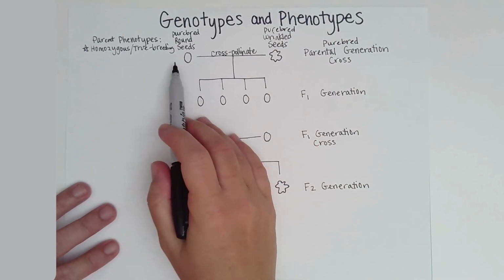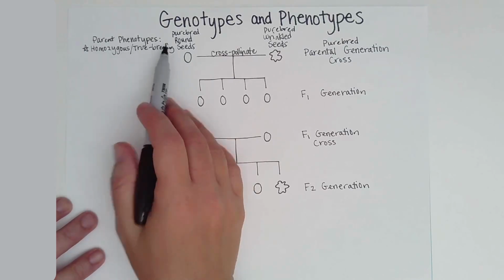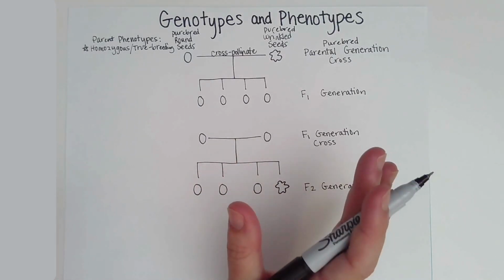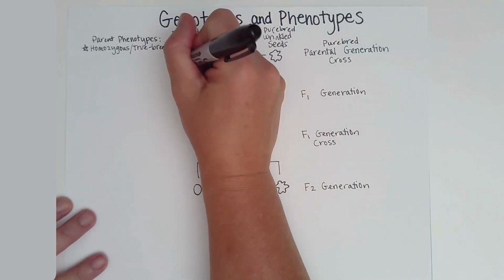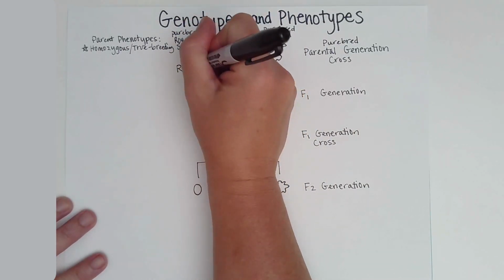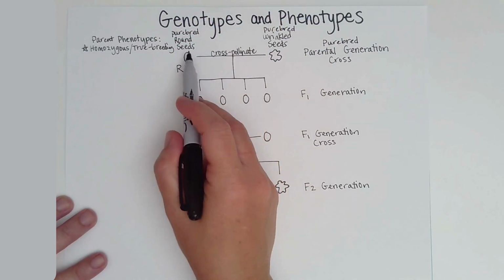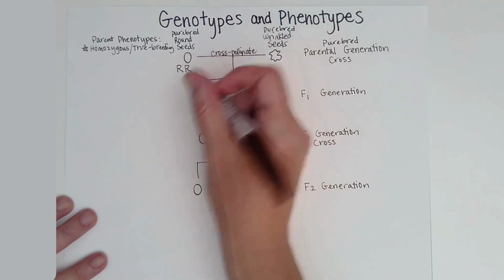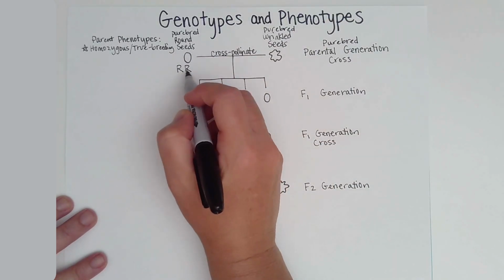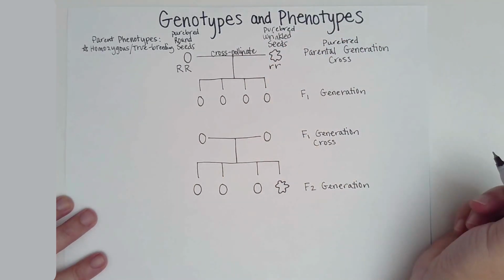Now, when something is a purebred like that, then it's going to have two copies of the gene, like you do for everything, but they're going to be the same forms of the genes. So we're going to use letters to represent those. In the case of the round seeds or wrinkled seeds, we're going to use the letter R. So the purebred round seeds got big R, and the purebred wrinkled seeds, its genotype is little r.